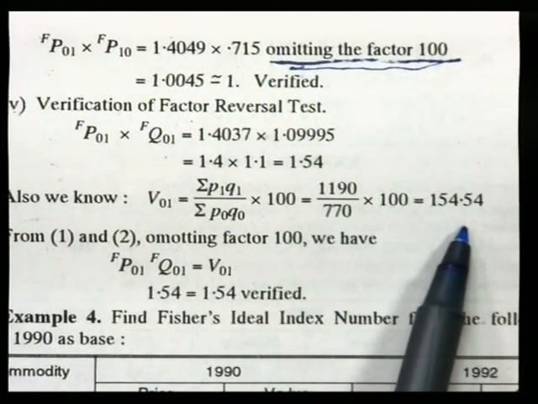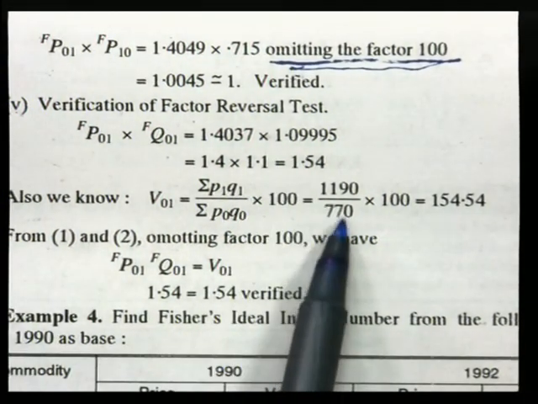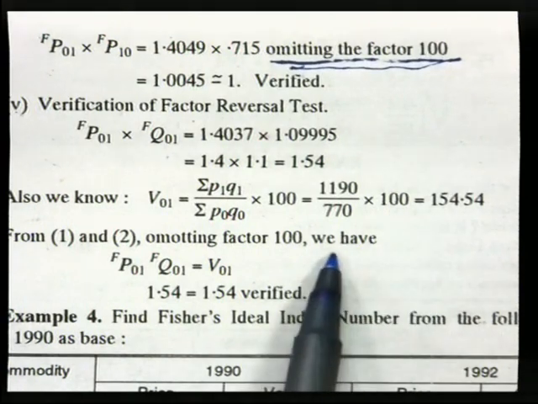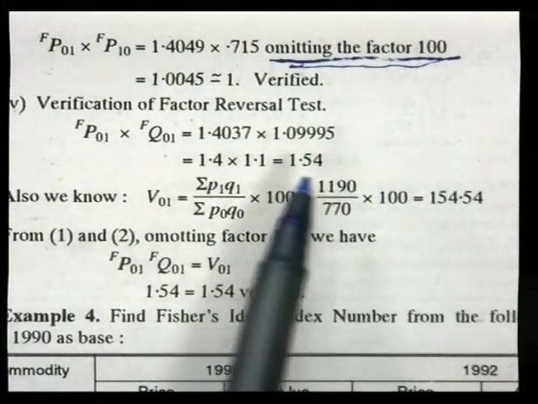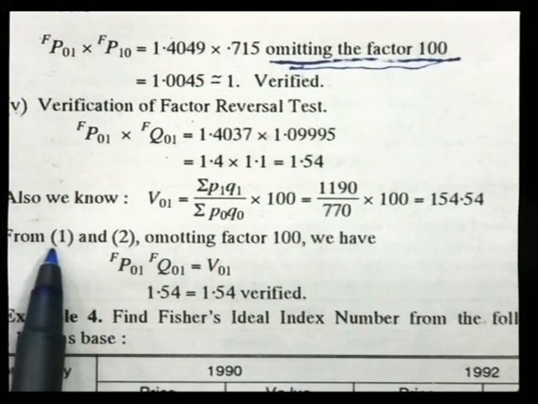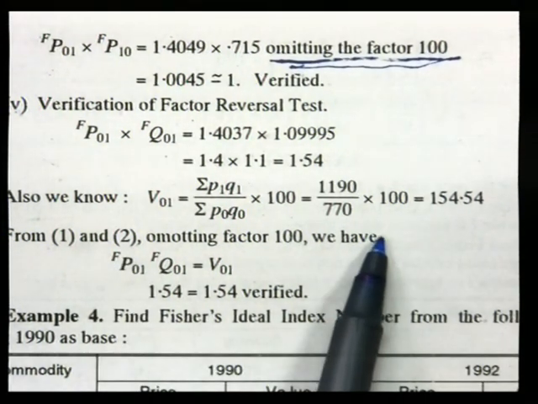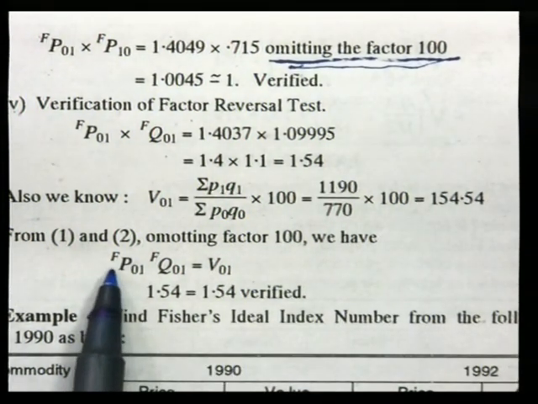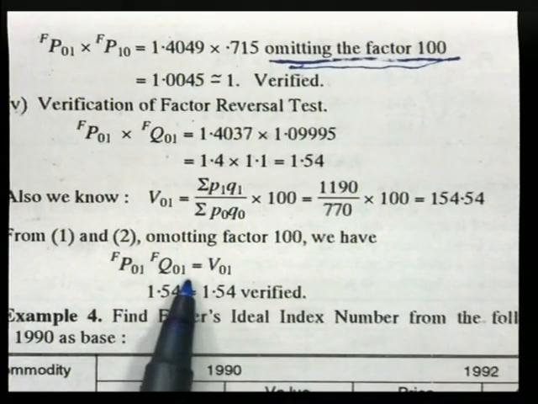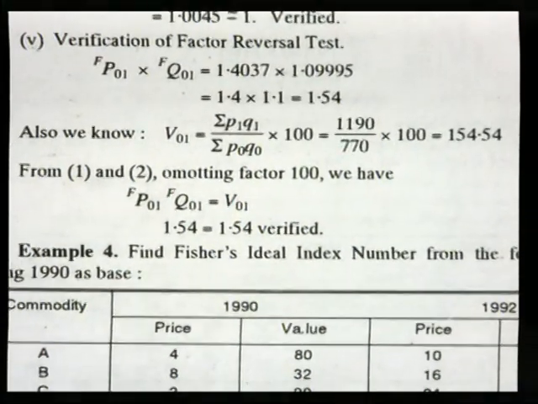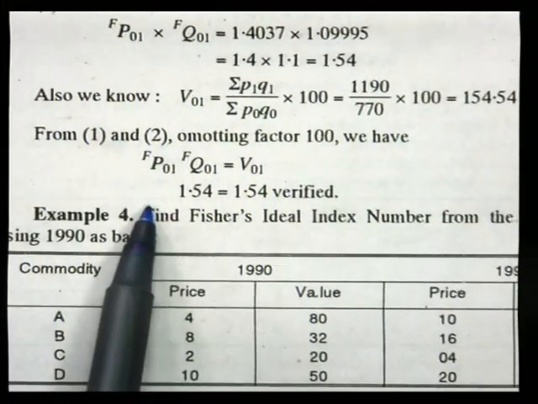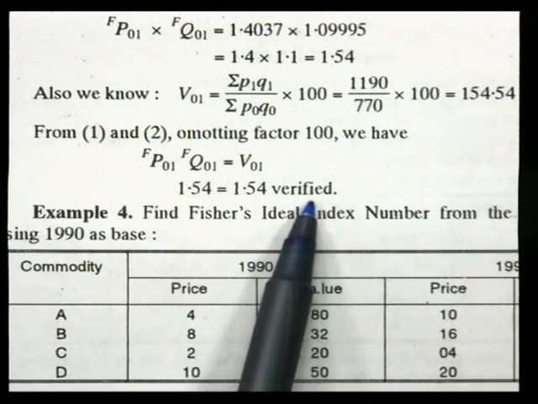Without the 100, from 1 and 2, this figure is 1.54, and here it is 1.54, so 1 equals 2, and hence we can say that P01 Fisher multiplied by Q01 Fisher equals V01, that is the value index, 1.54 equals 1.54, verified.